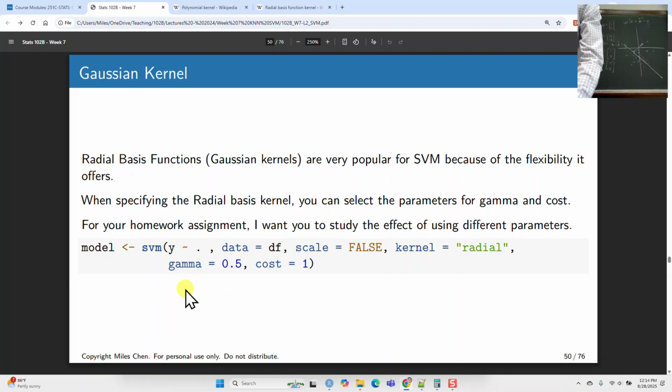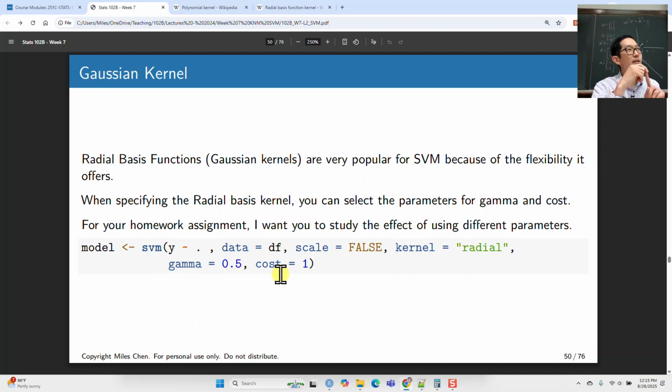So I like to think of a small gamma like having a big fat cable or hose that's hard to make tight turns in, and a large gamma corresponds to having a very thin, very flexible wire, okay? And then the cost is how much influence any one point has.